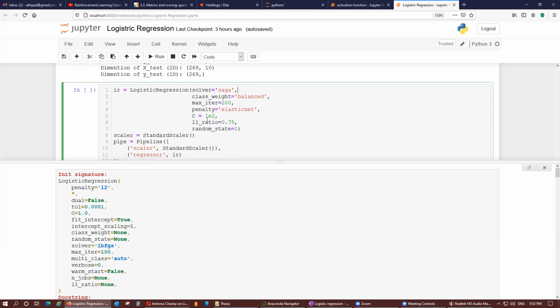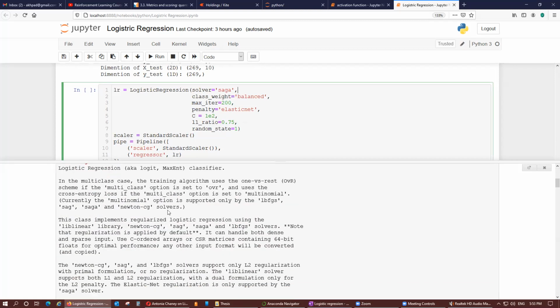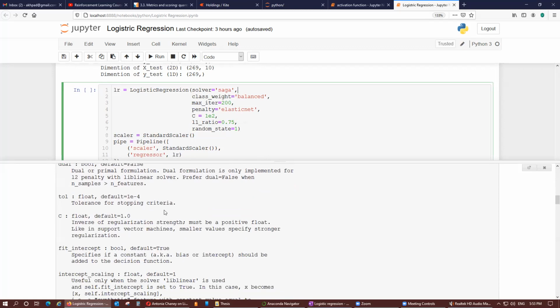Then the maximum iteration default is 100, and I have chosen 200. C is one of the coefficients. I think it is the alpha in my expression, where C is equal to 1 upon alpha, the inverse of regularization strength.